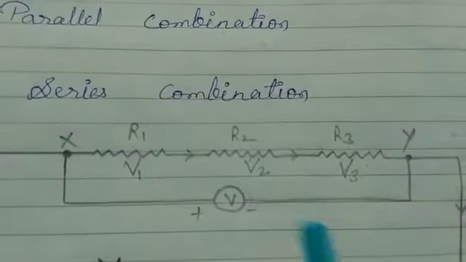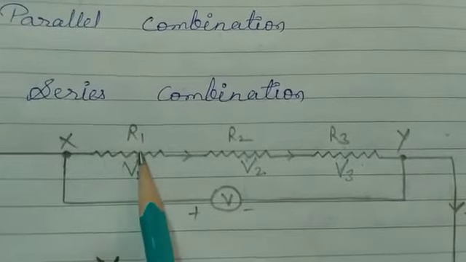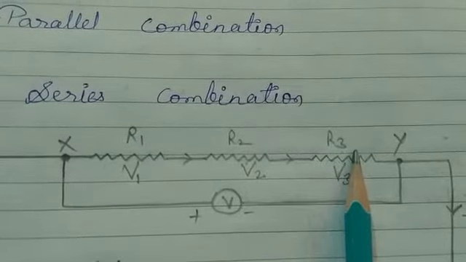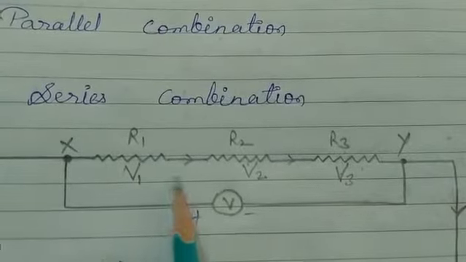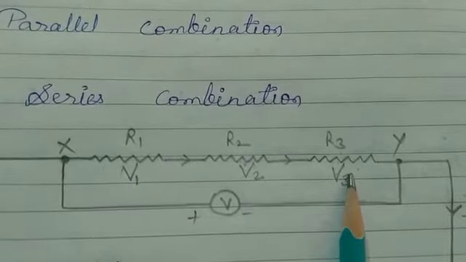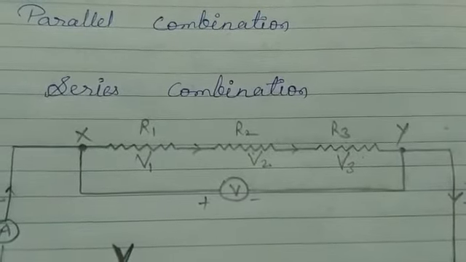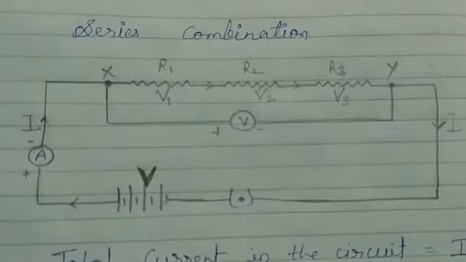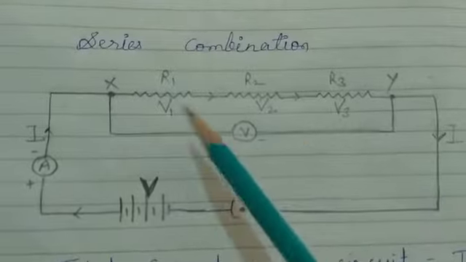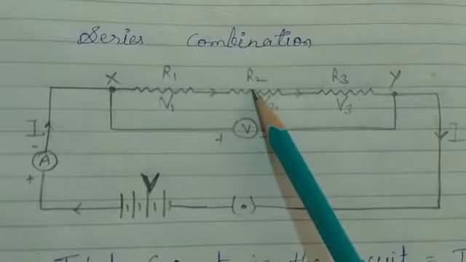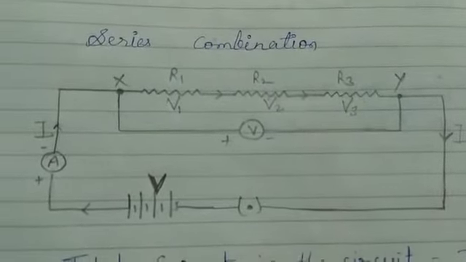Here the resistances of the resistors are R1, R2 and R3, and the voltages are V1, V2 and V3, but the current flowing through all the resistors is the same, that is I. So the current through all the resistors is I only. That's why we have written V1 equals IR1, V2 equals IR2, V3 equals IR3.